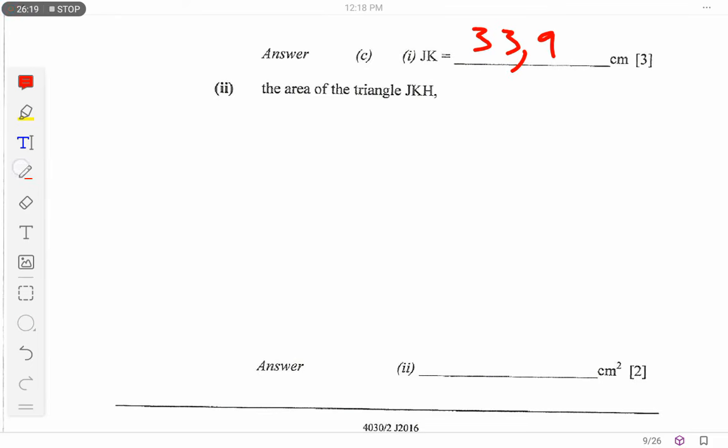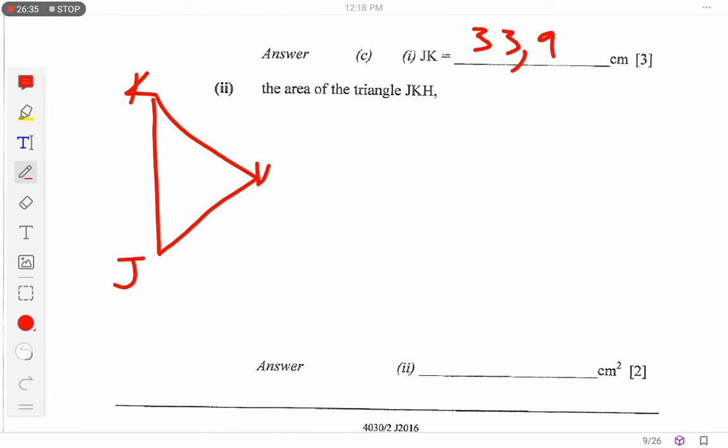Now they are asking us to calculate the area of the triangle JKH. So this is the triangle that we have, JKH. This is 20, this is 25, and this is 33.9.